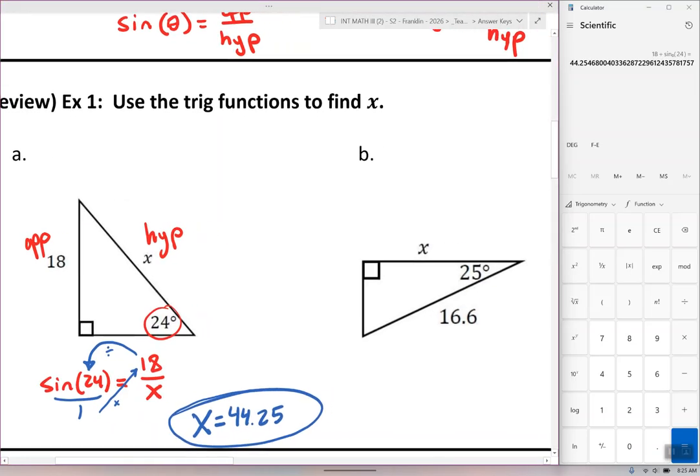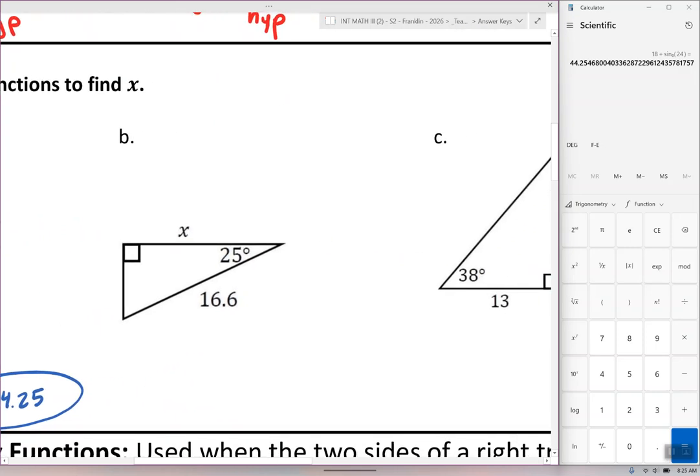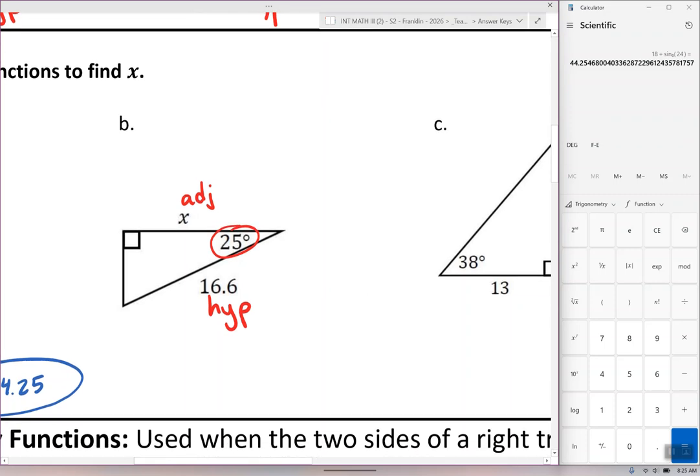All right, let's move on to the next one. Here's my reference angle, 25 degrees again. I have the hypotenuse right here, and this is the adjacent leg to my angle. So I'm going to be using the cosine function. Cosine of 25 is equal to the adjacent side over the hypotenuse.